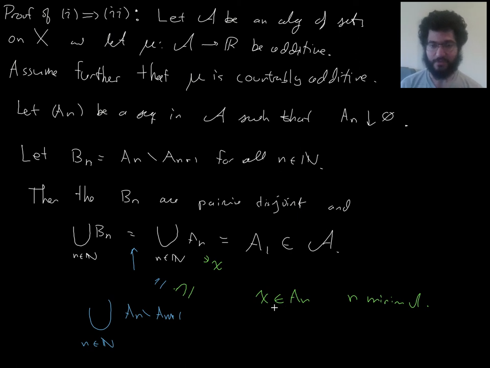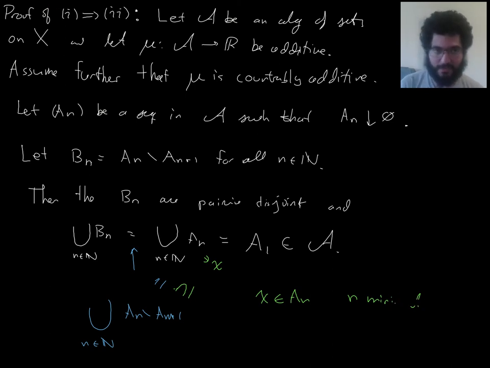So sort of focus on, in your nesting, the first one of those sets that, the first one or the last one? Hang on. Okay, so if n is minimal, then n is just going to be 1. Of course, this is totally unhelpful. Right, the smallest n such that x is in there is n equals 1, because this union is actually A1. I'm saying x is in A1.